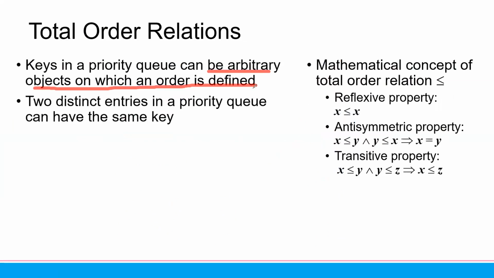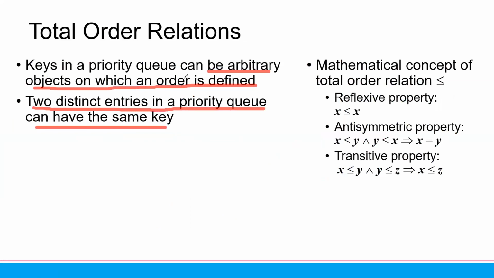So it depends how you define the keys. Two distinct entries in the priority queue can have the same key, which will be very challenging if there are the same keys in the items.